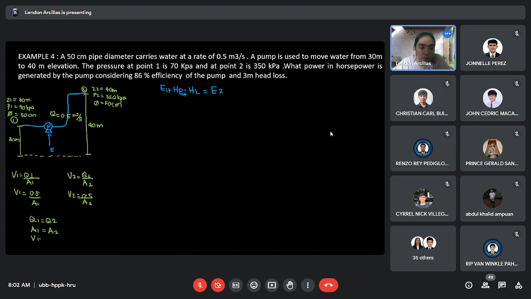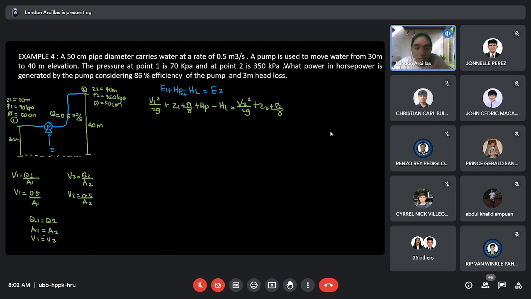Tama? So if you try to analyze this one, V1 squared over 2g plus Z1 plus P1 over the specific weight plus HP out, minus head loss, equal to V2 squared over 2g plus Z sub 2 plus P2 over the specific weight.